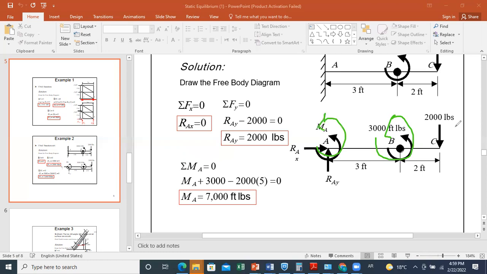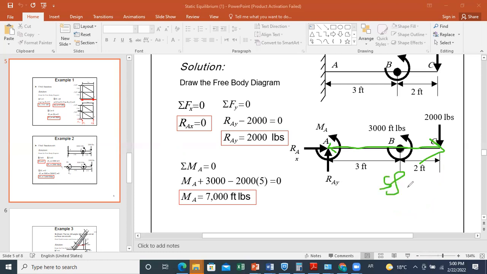And finally, I have the moment of this force. As you can see, this force tends to rotate about A in the clockwise direction, which is the negative direction in my equation. This is why I should first put minus. Now, what is the value of the moment? To get the moment of this force, I take the distance from A to C, which is equal to 5 feet.